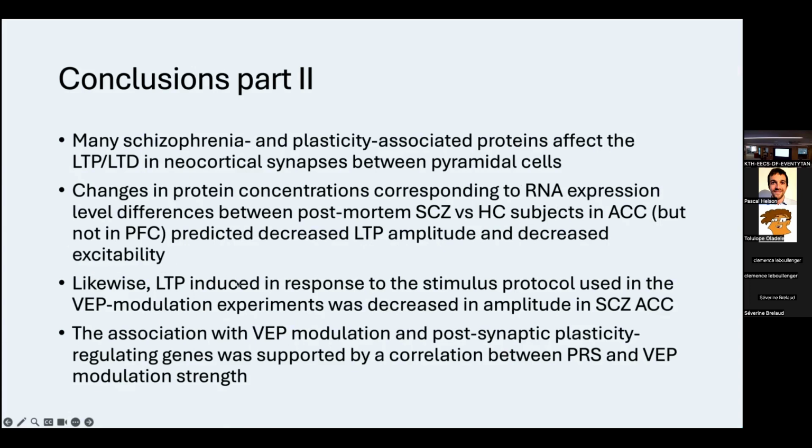And especially when we consider this protocol used in this VEP modulation, we found in our models that the association between this VEP modulation and PRS is kind of supported. That is fine.